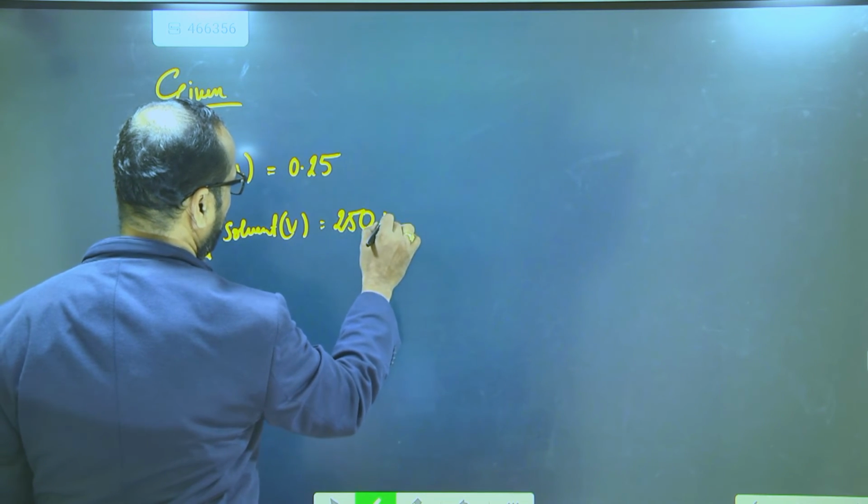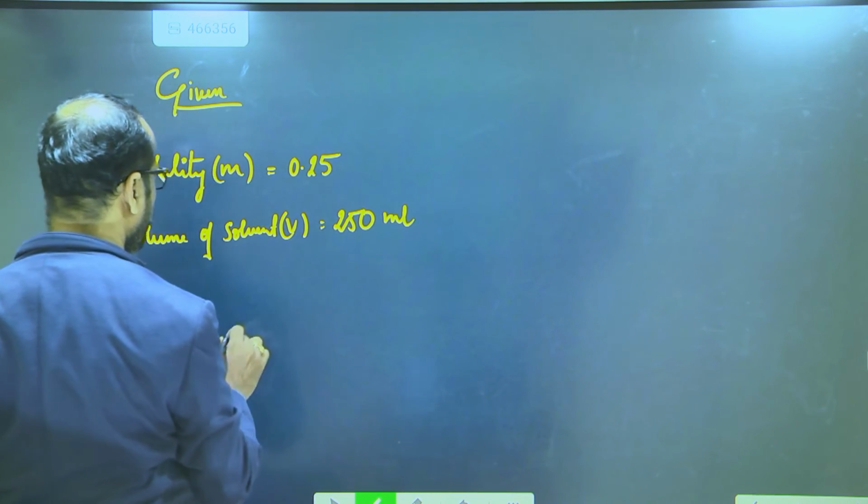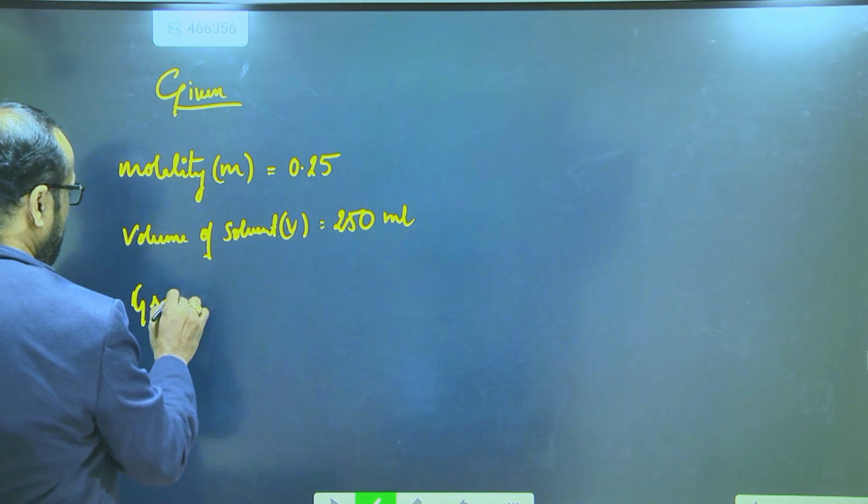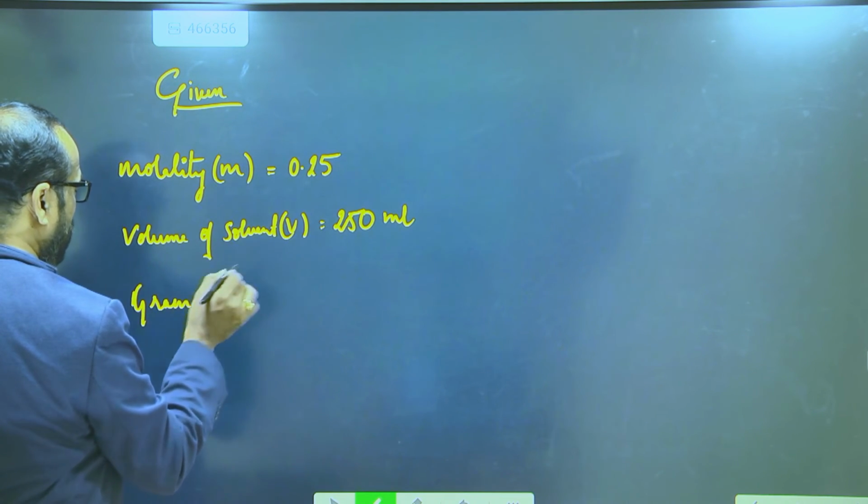Volume of solvent 250 ml I given, no? Yes. No, 0.25.